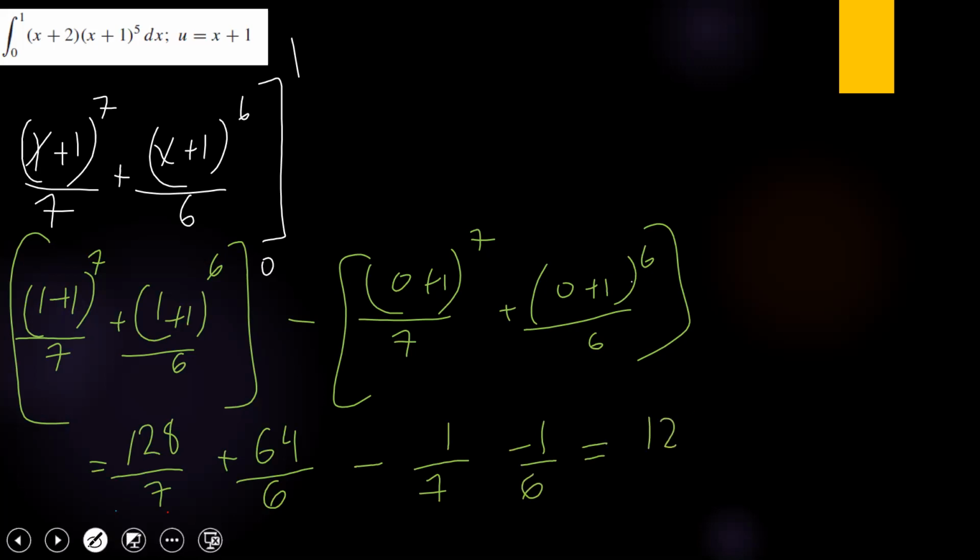So which is 127 over 7 minus 63 over 6. Let's find the answer here now. Which is 107 over 14.